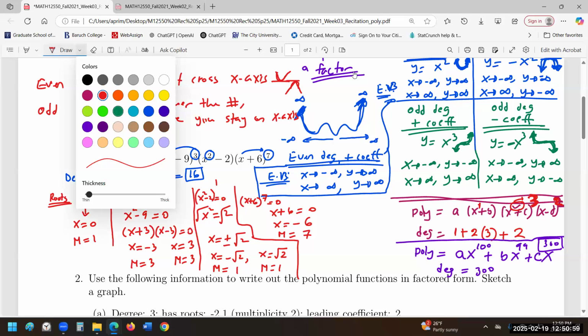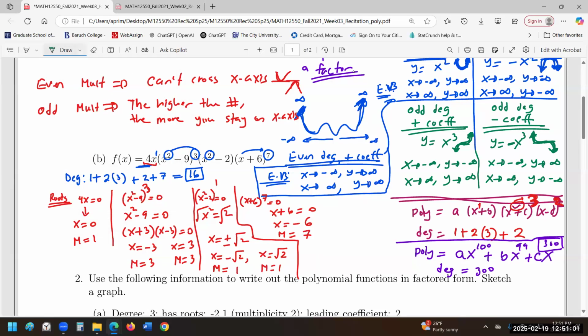So here, we have a multiplicity 1 for x equals 0. So when x is 0, we are going to cross the x-axis. So our end behavior says the left side is going up. And then, oh, sorry, I have other numbers also. This is 3 and this is negative 3. I missed the negative sign.